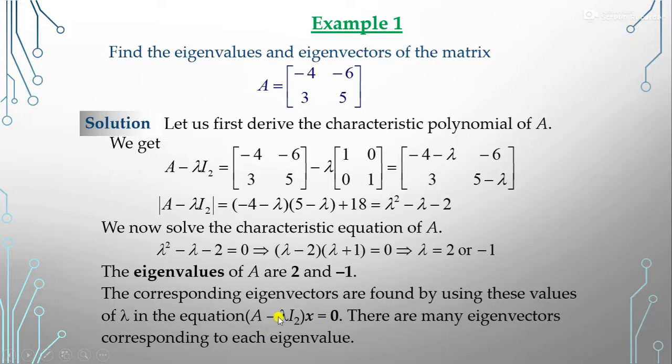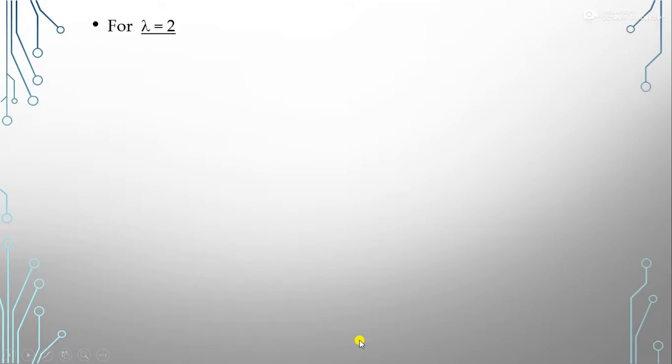Through this equation we find the eigenvector for each corresponding eigenvalue. Now we take our eigenvalues one by one. First we take lambda is equal to 2. So we find the eigenvector corresponding to lambda is equal to 2.